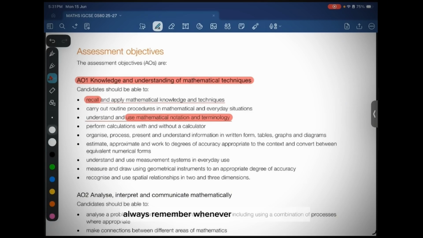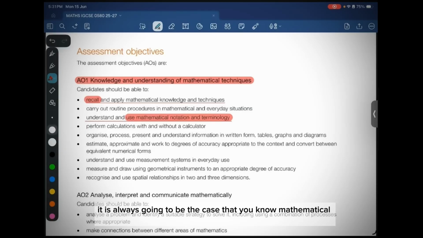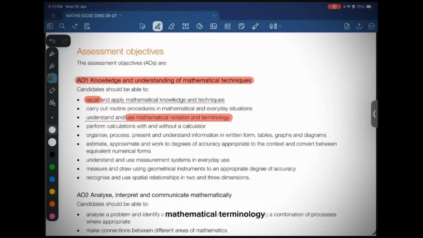Always remember, whenever we're doing math, mathematical notation and mathematical terminology are going to be equally important as the content. Why?